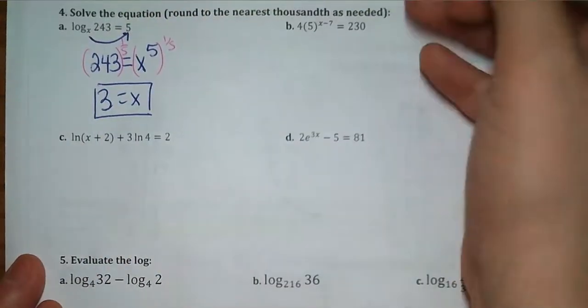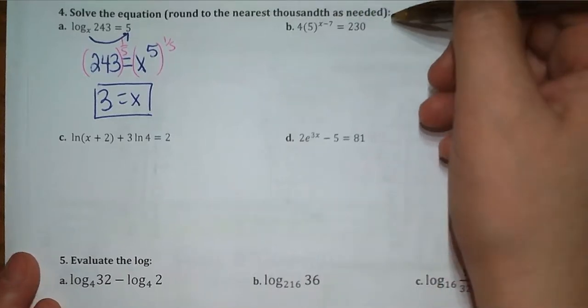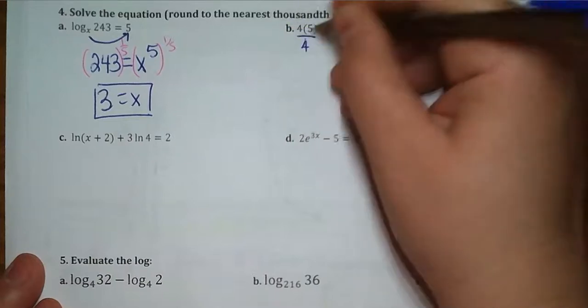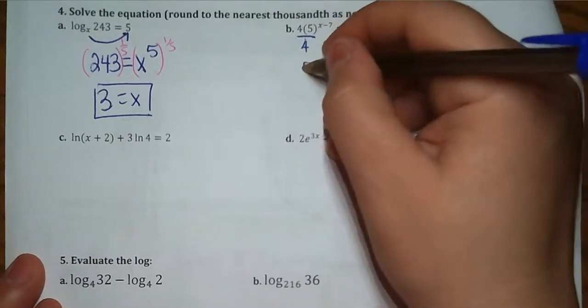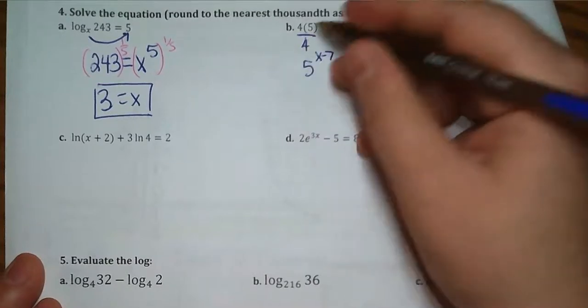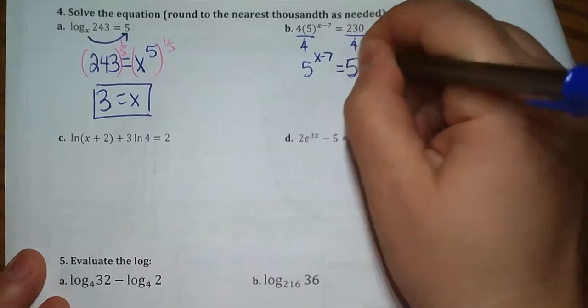If your variable is in your exponent, which it is in my next question, we're going to use a log. First thing I would tell you to do there is get rid of that 4 in front. We're going to divide both sides by 4, trying to get that exponent isolated. So I've got 5 to the x minus 7 equals 230 divided by 4. This is going to be 57.5.